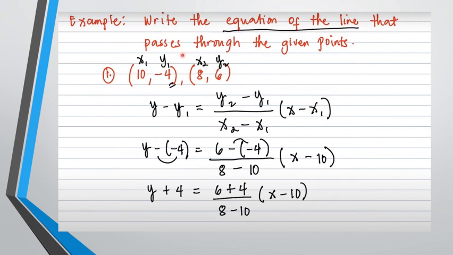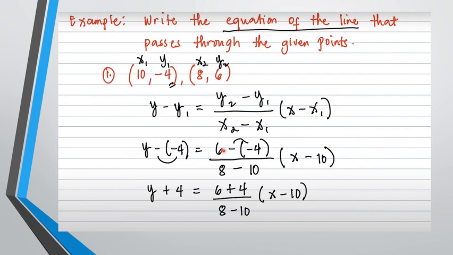The formula we will use is the two-point form: y minus y sub 1 equals y sub 2 minus y sub 1 over x sub 2 minus x sub 1 times x minus x sub 1. For the first point, x sub 1 is 10 and y sub 1 is -4. For the second point, x sub 2 is 8 and y sub 2 is 6.